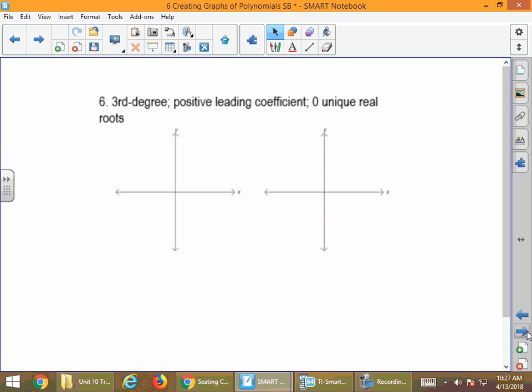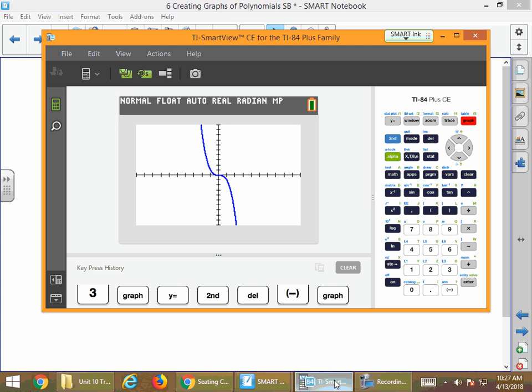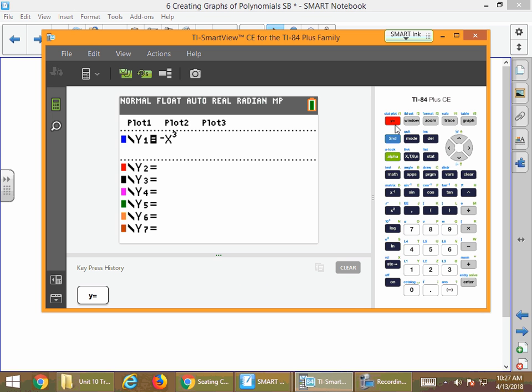Problem number 6. 3rd degree, positive leading coefficient, 0 unique real roots. I want to go back to something that we looked at on the calculator on number 1 that I made way more complicated than I needed to. But if we look at, again, the parent function, y equals x cubed, it's the most basic of the cubic functions.